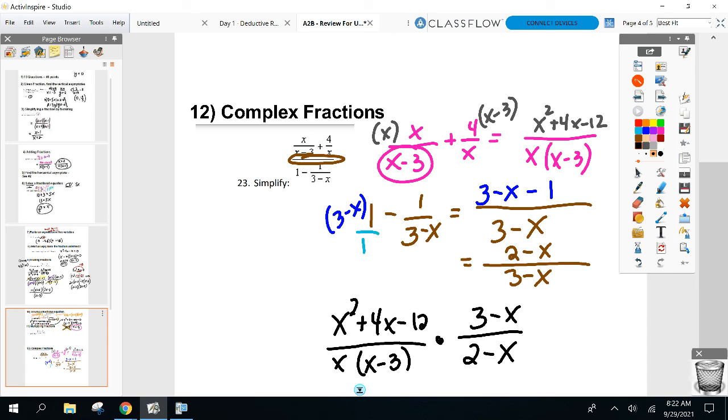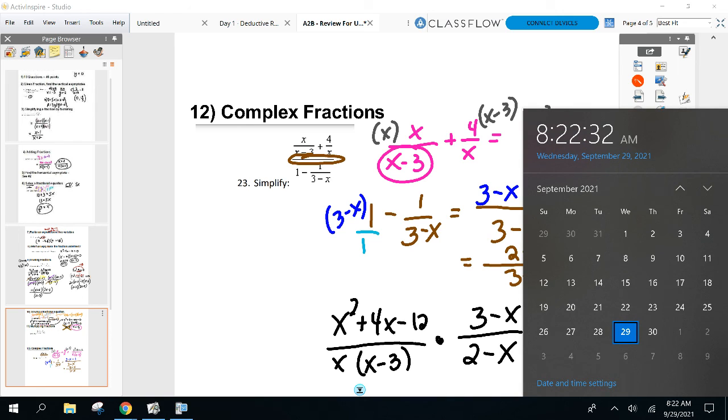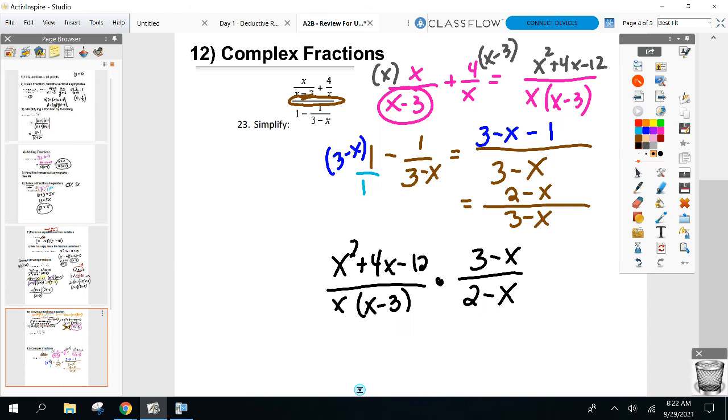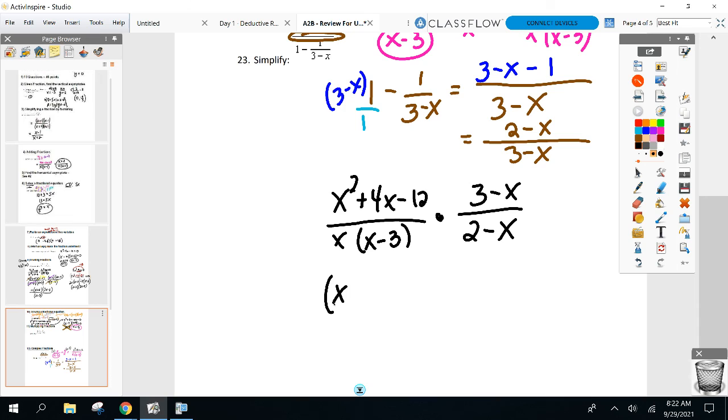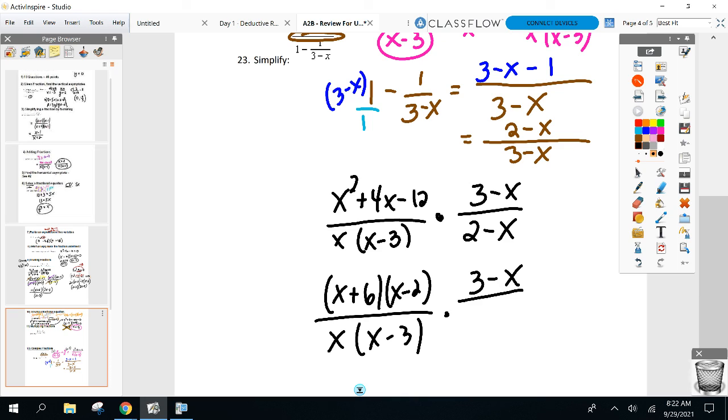And cross out. Got about 30 seconds here. X plus 6. X minus 2. And now I look to cross everything I can out. Looks like you're going to have some opposites, huh, guys? Okay, you got some opposites to cross out there? Okay, and I'll stop there before the bell cuts me off.